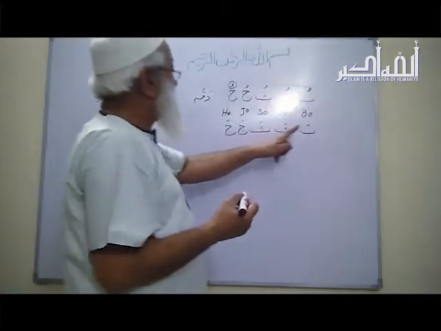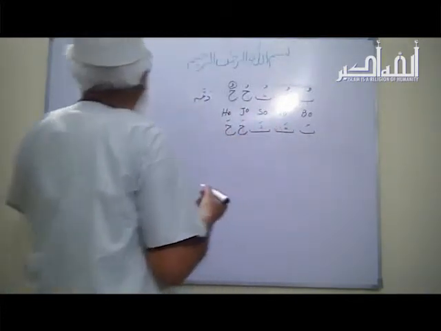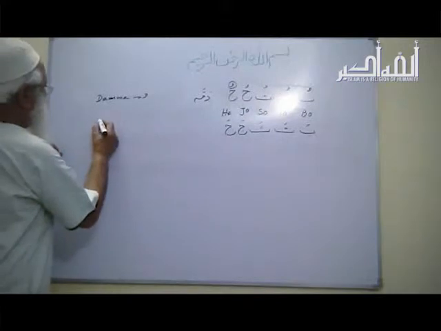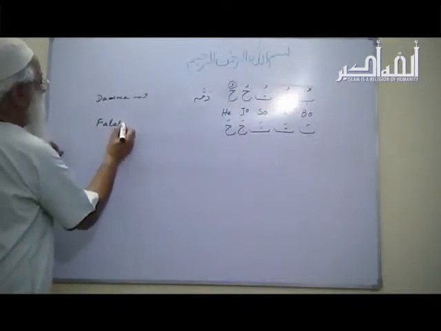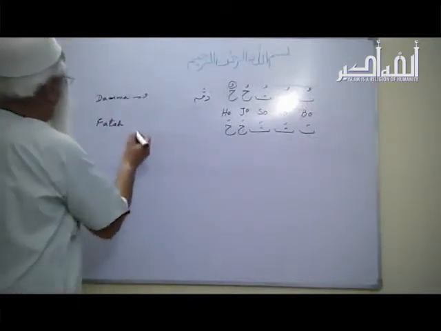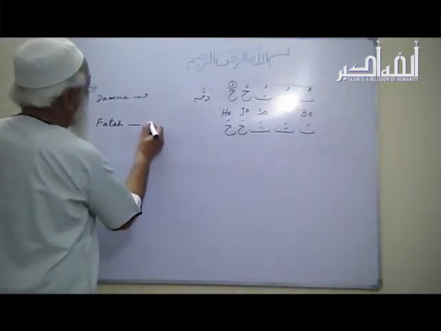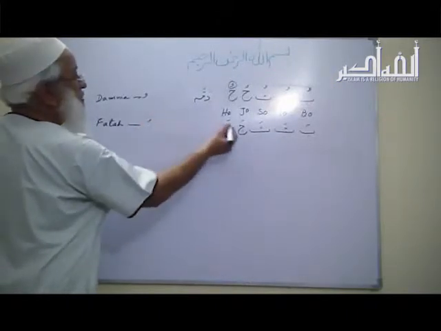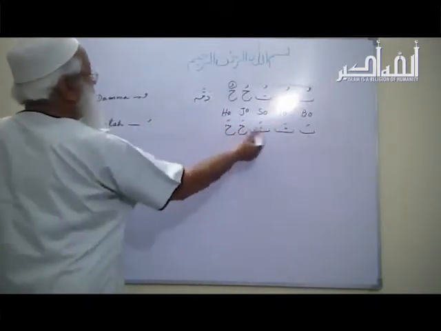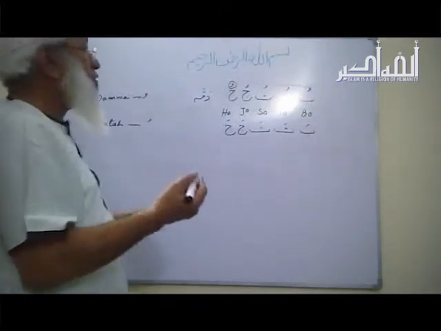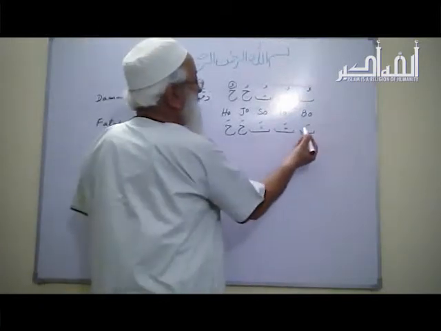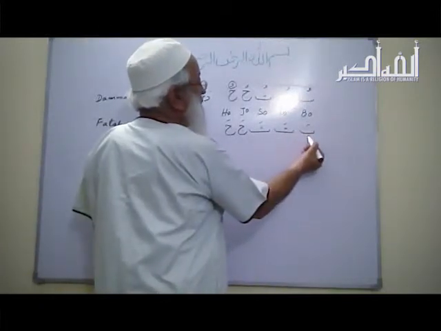So because of this, this is actually called Fatah. Fatah is this sign. This sign you can see on the top of every letter. This is called Fatah. And how do we pronounce it with this tanween?